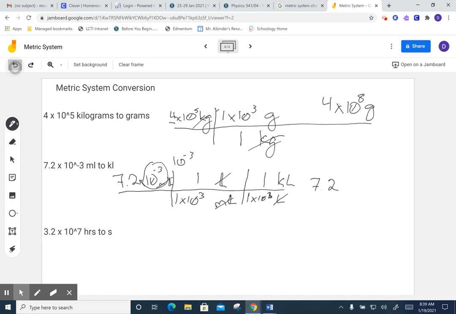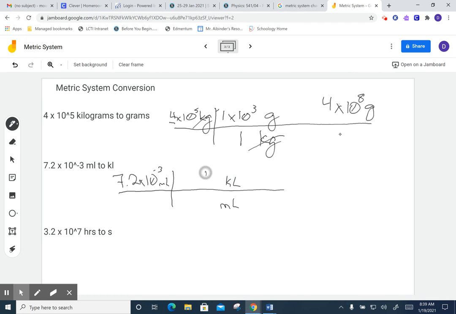But this time, I'm going to skip the base unit. There. Now, we're going from milliliters to kiloliters.